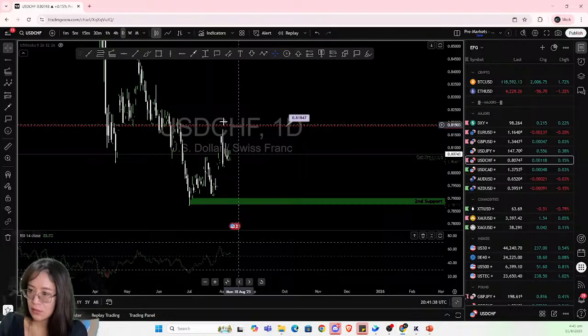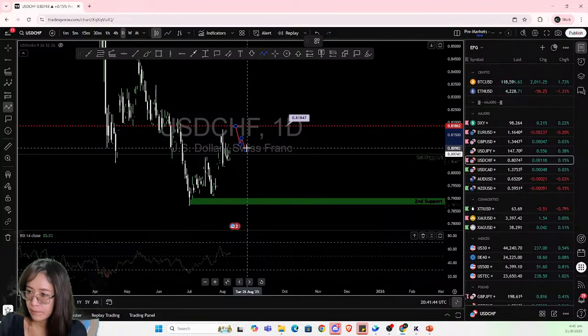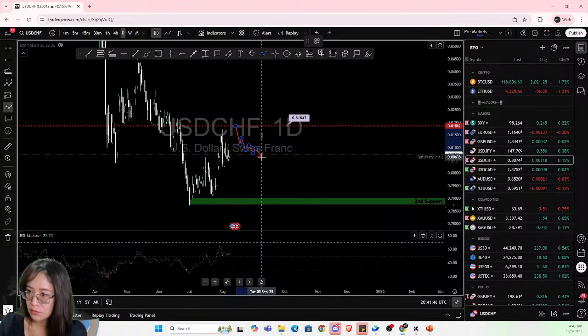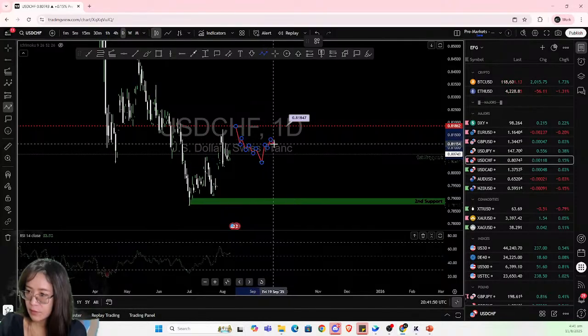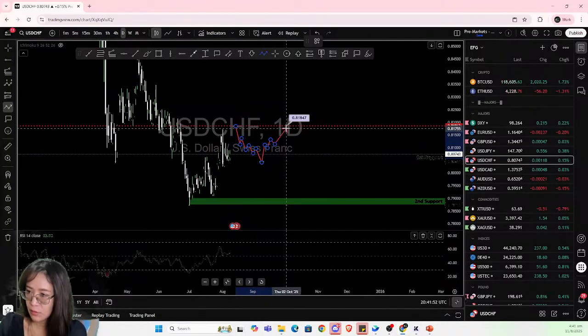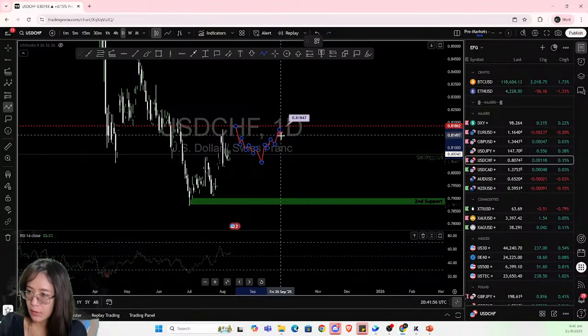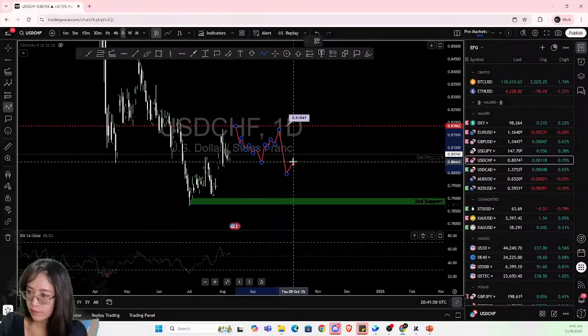Let's say we see the rejection from the intermediate resistance, price falling somewhere around here. They might go back up again to respect an order block here, if there is one, and then they might fall all the way to the support, which becomes your pullback resistance.